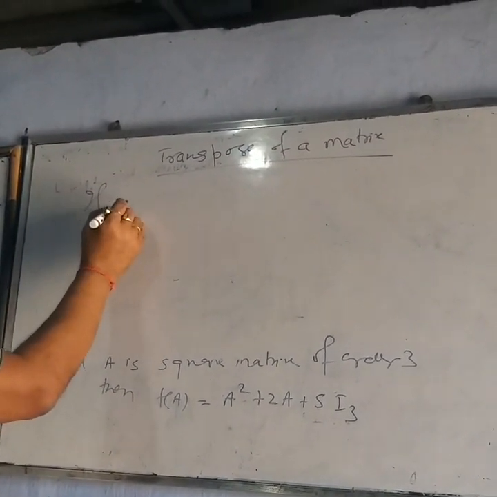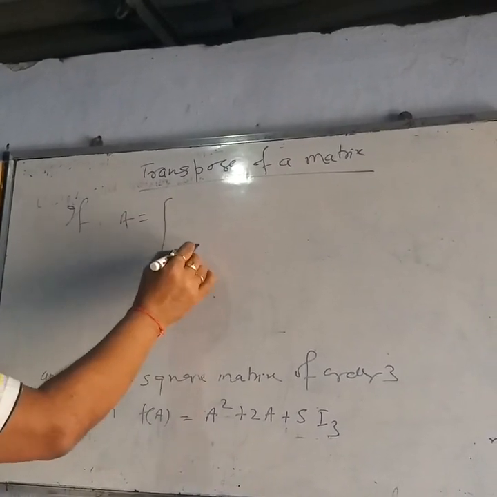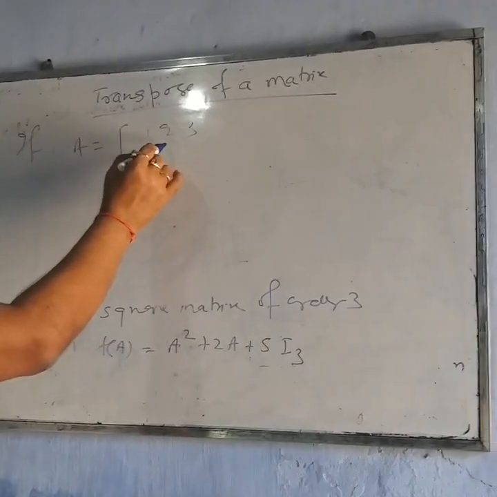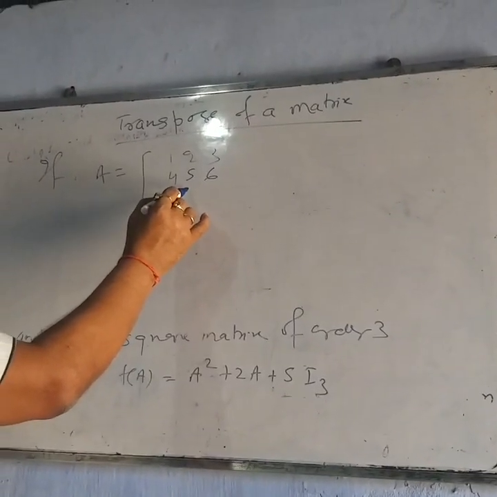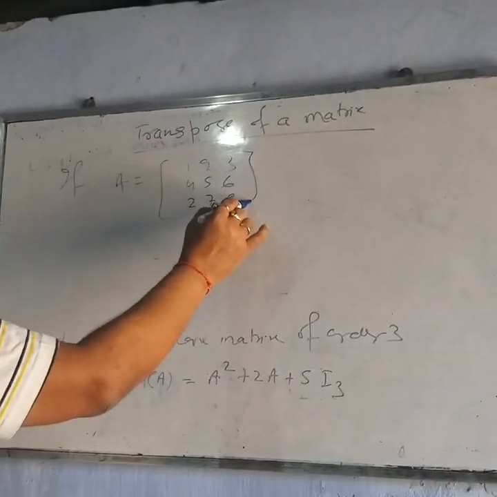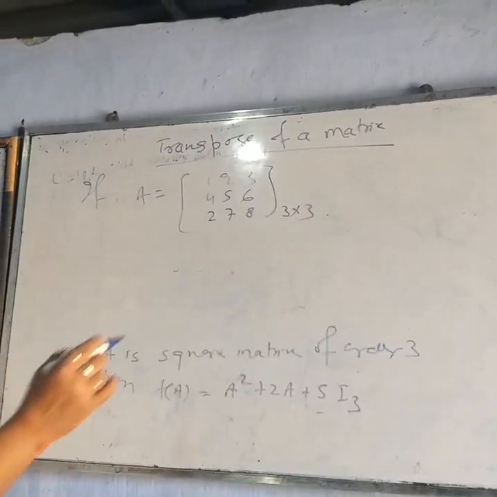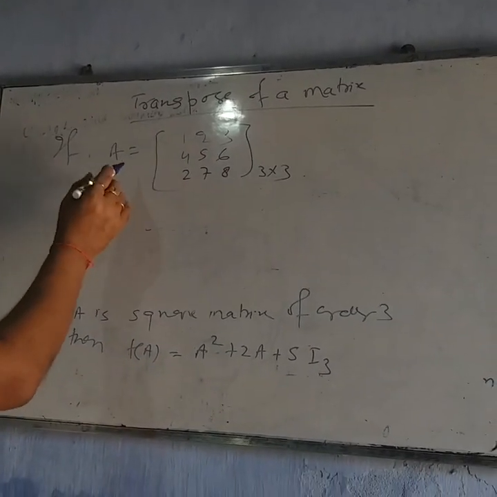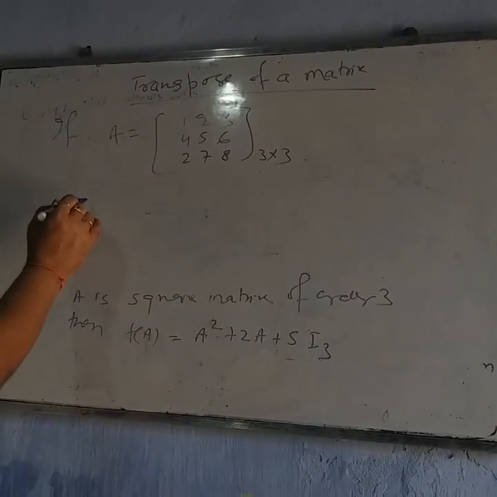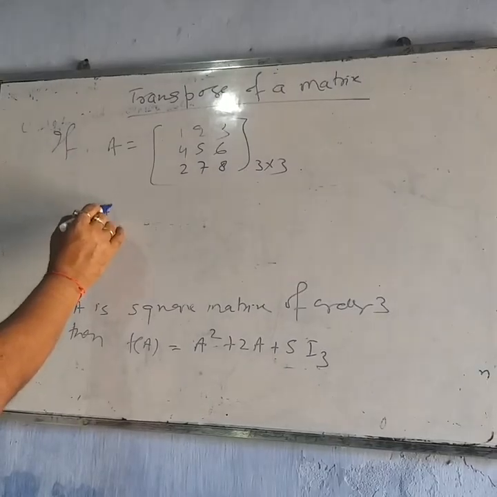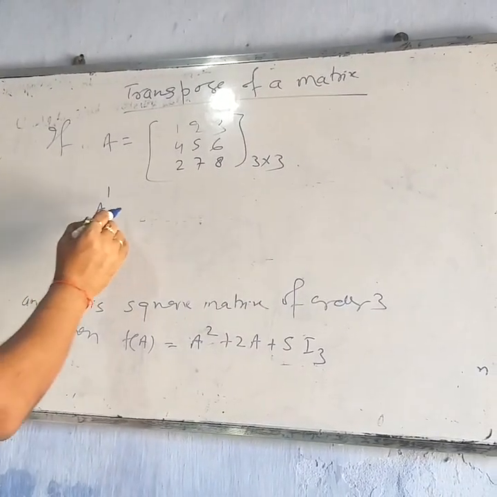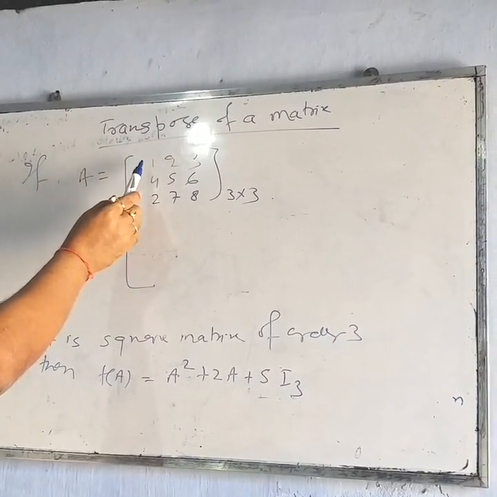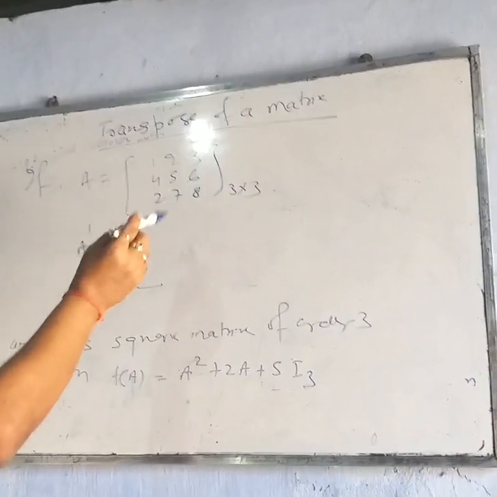If A is a matrix of 3 by 3, a square matrix, then the transpose matrix is denoted by A transpose, and it will be obtained by changing rows into columns.